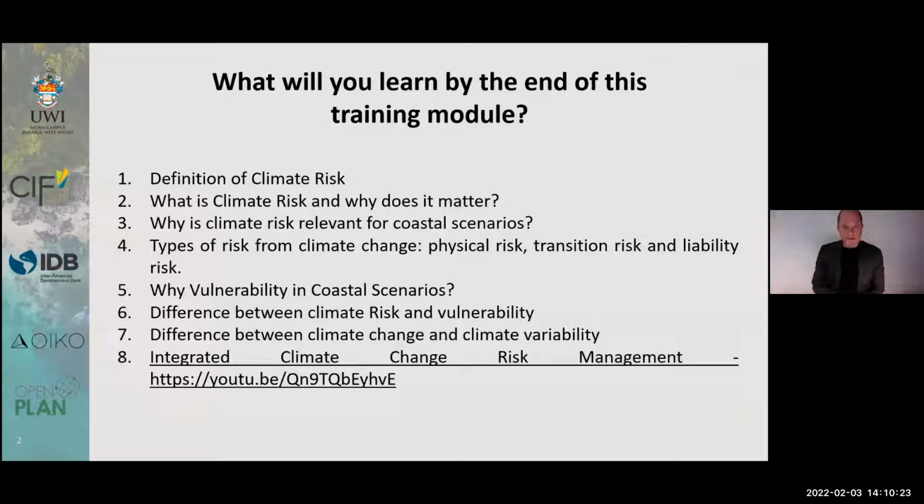The whole presentation should not be more than 30 minutes. I have some other slides prepared in case there are any questions, and then we can leave some space for an open discussion. I want to cover the concept of climate risk and why it matters for the purpose of this full training. I want to put climate risk and vulnerability in the context of coastal scenarios as well.